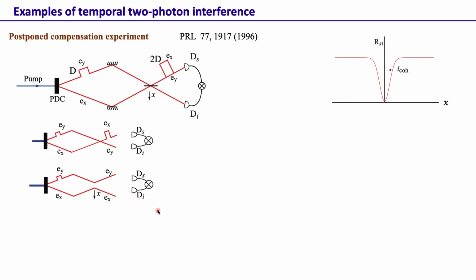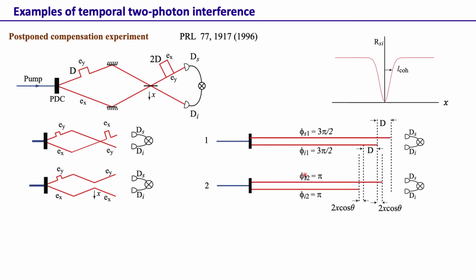The interference is then the interference of these two alternatives, and in order to see that, let's put this in an unfolded diagram. Here the phases are pretty much the same as what we had for the Hong-Ou-Mandel case. Whenever we have this two-photon diagram, we always look at it, or calculate it, from the detector's perspective.